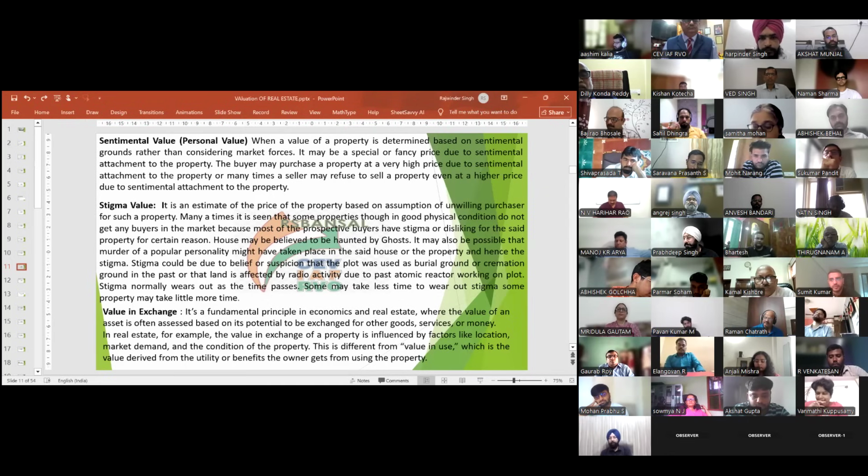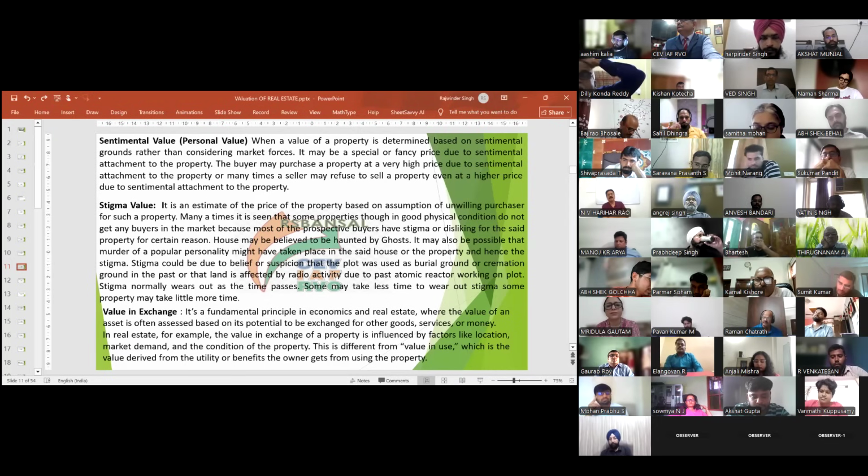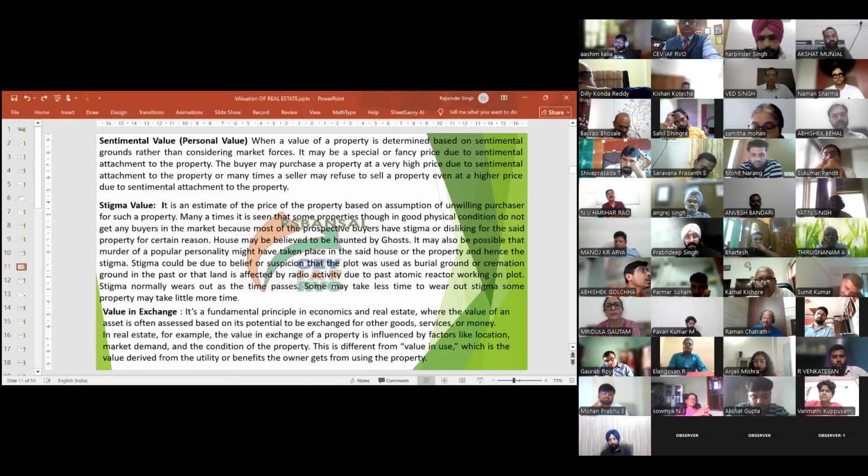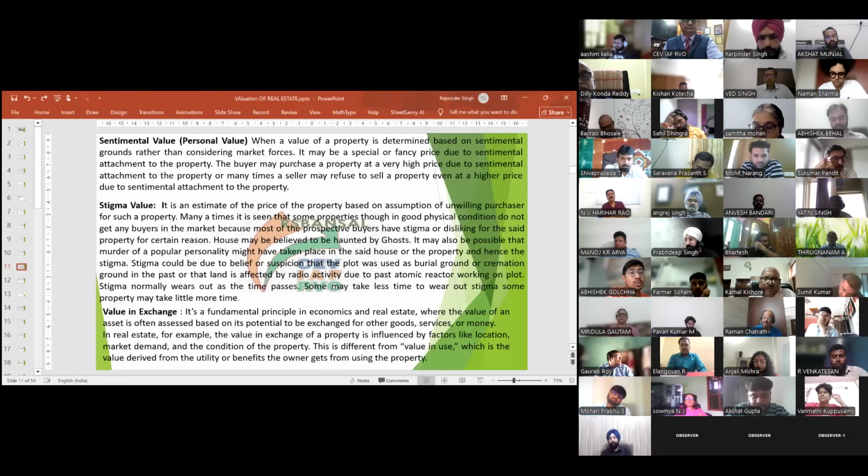That may not be for some other person. So you may not readily sell that asset because certain sentiments have been attached to that one. And if you have to sell that, you will ask a higher price than the market price. So that is sentimental value.